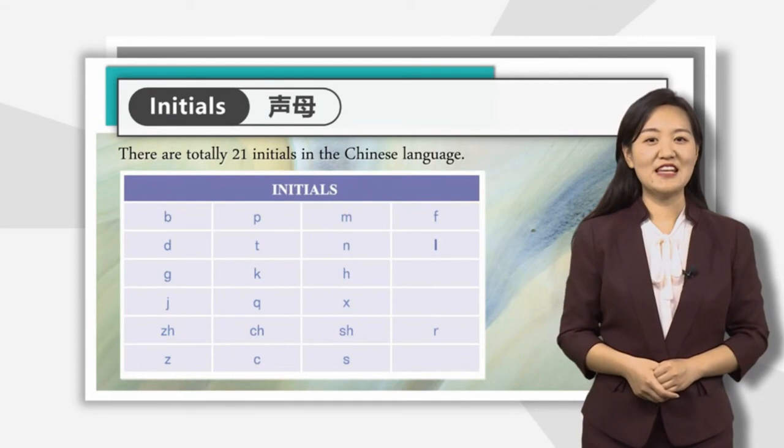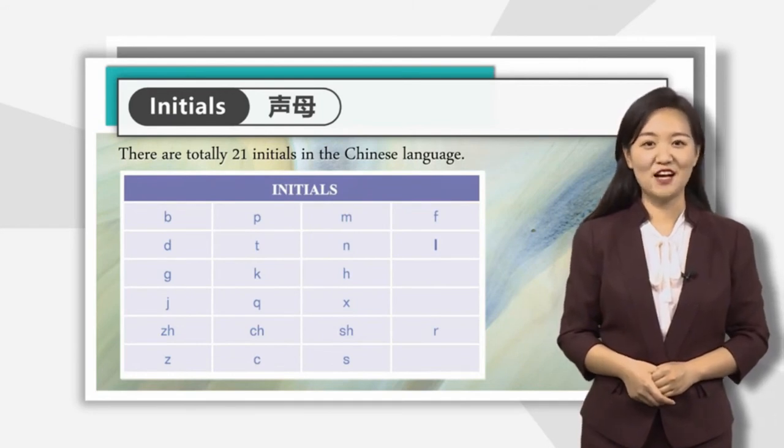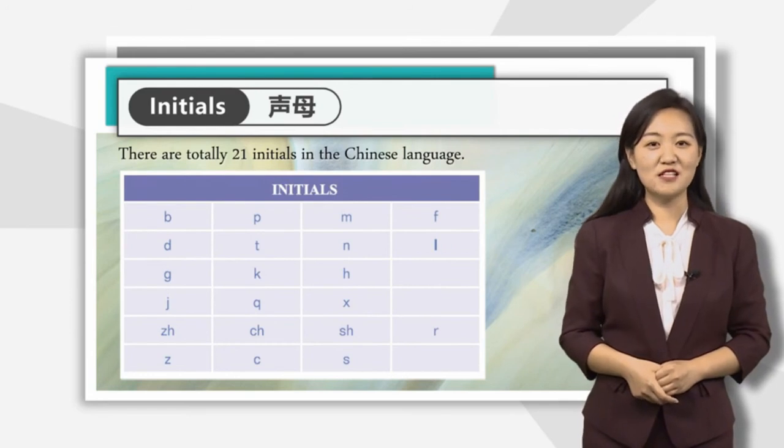There are 21 initials in total, and today we will learn 14 of them. In order to make the pronunciation more recognized, I will add a vowel after each of them.